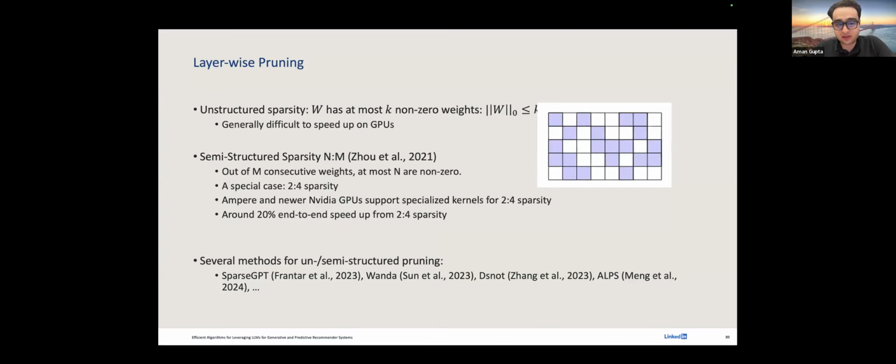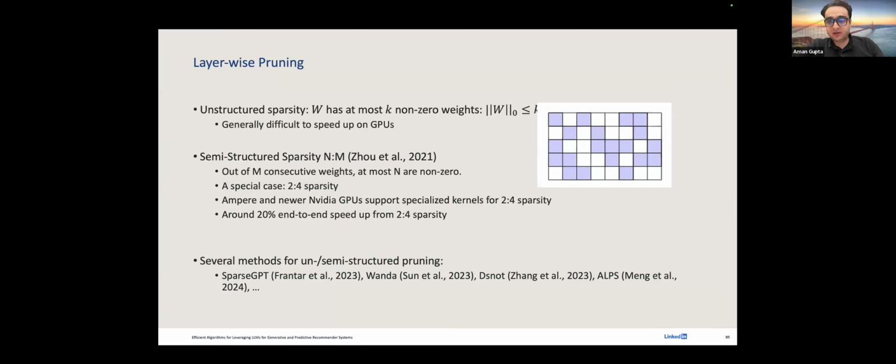However, if we add a bit more structure, usually called semi-structured sparsity or N:M, the idea is that if we look at M consecutive weights, at most N are non-zero. A special case is 2:4 sparsity, which tells us that out of every 4 weights, 2 are non-zero. This is going to give us 50% sparsity, half of the weights are going to be 0, but there is some structure.